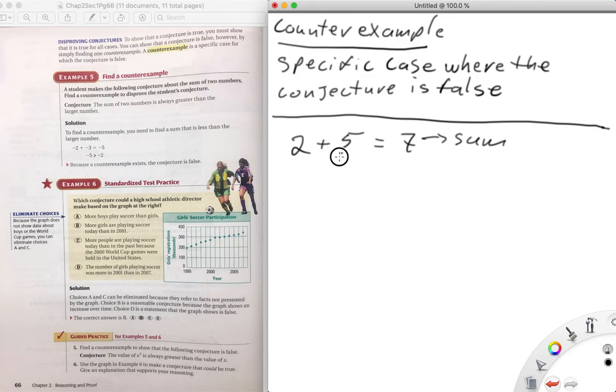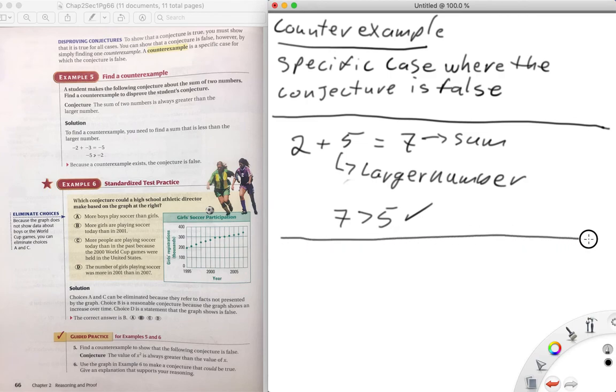And then 5 would be the larger number. And in this case, the sum is greater than the larger number. So that works. Can we think of a scenario where that doesn't work?